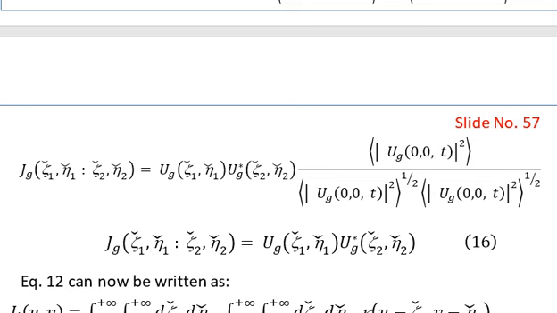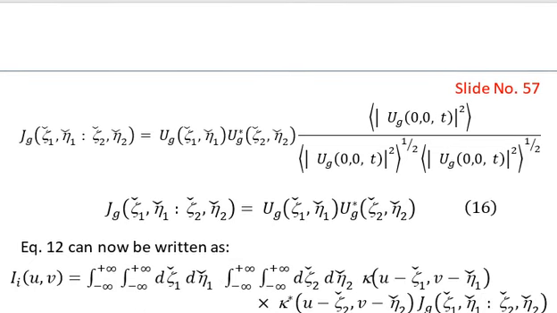So the numerator and the denominator will be exactly cancelled out, and we can write equation number 16, that the mutual intensity between the 2 points zeta 1, eta 1 and zeta 2, eta 2 is equal to the field at the point zeta 1 and eta 1 multiplied by the complex conjugate of the field at the point zeta 2 and eta 2. And you will notice that in equation number 16 there is no time dependence, because the time dependence has been cancelled out during the averaging process and during the normalization process we have done.